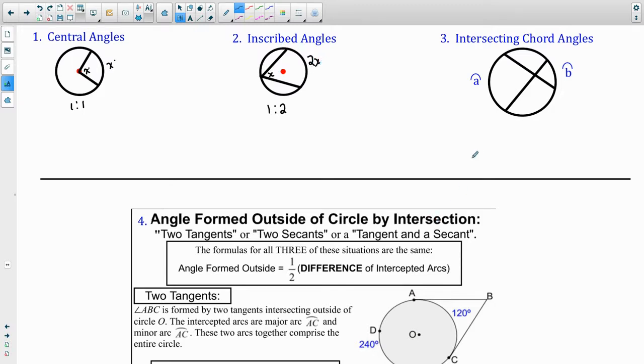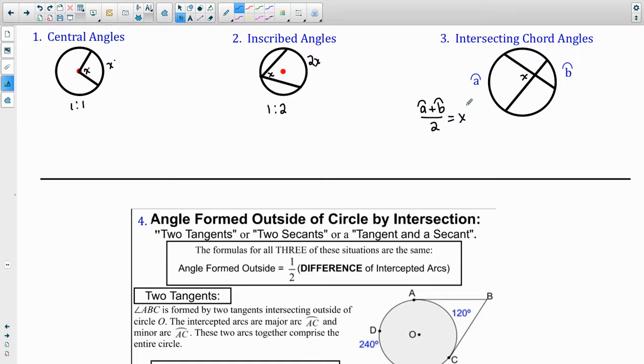And then finally, we got to the intersecting chord angles, right? This angle right here. And here for the first time, I'm referring to those two arcs with lowercase letters. To refer to the entire arc with a lowercase letter is acceptable. And here, what we learned was that if we take arc A and add it to arc B and divide it by 2, we would find that angle.